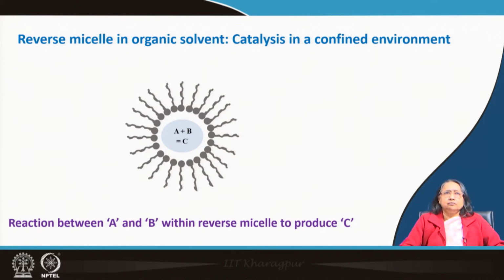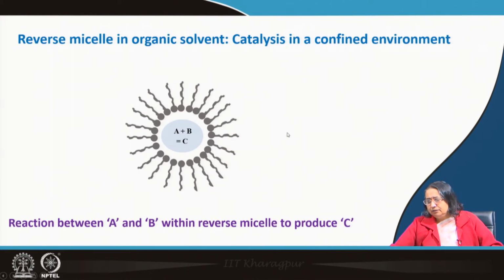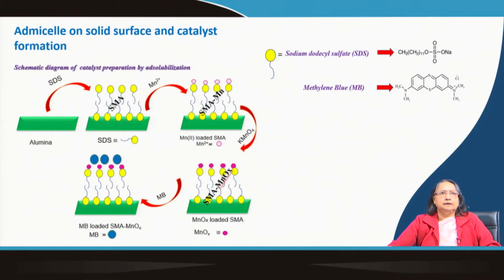The organic solvent, like chloroform or hexane, is hydrophobic. So, it will form like this. This is called the reverse micelle. Here also some reaction is possible, say A plus B gives C. This type of reaction can happen here in the reverse micellar core. This is also very interesting.